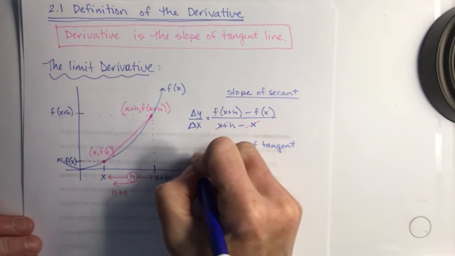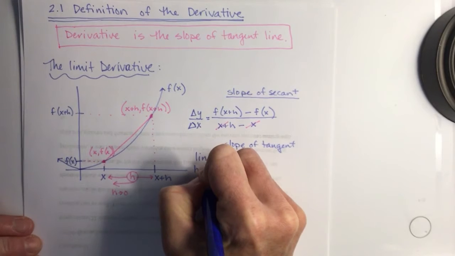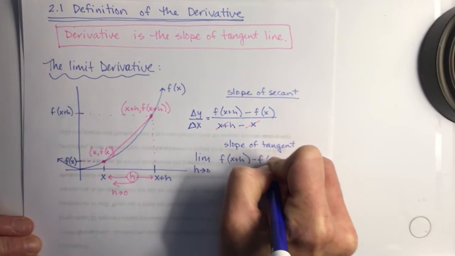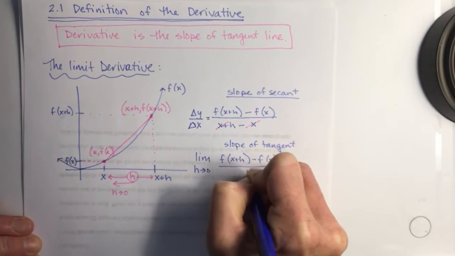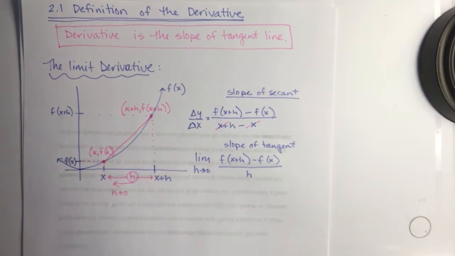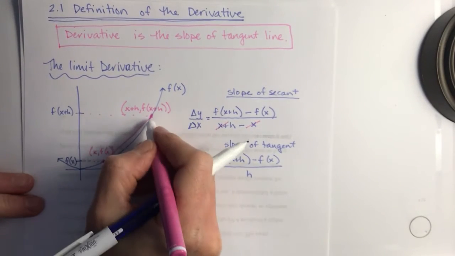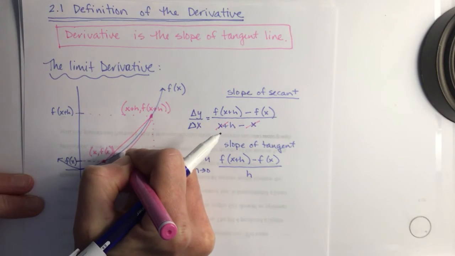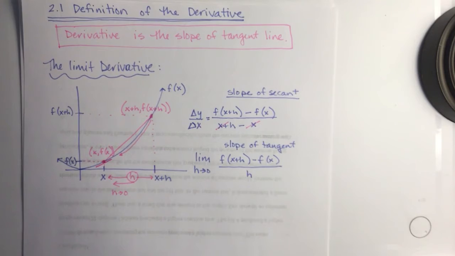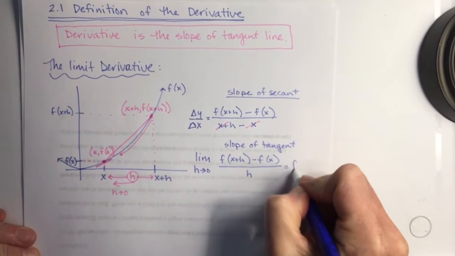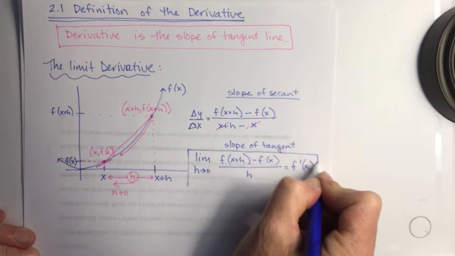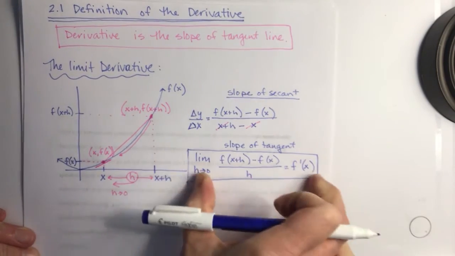So we take the limit as h goes to 0 of f of x plus h minus f of x, all over h. That's the definition of the derivative, right? Instead of this secant slope, we're bringing these points together, so we get the tangent slope, and this equals f prime of x, or the derivative.